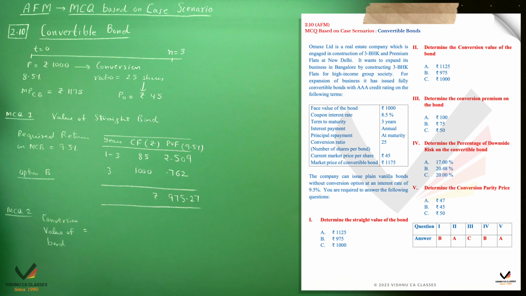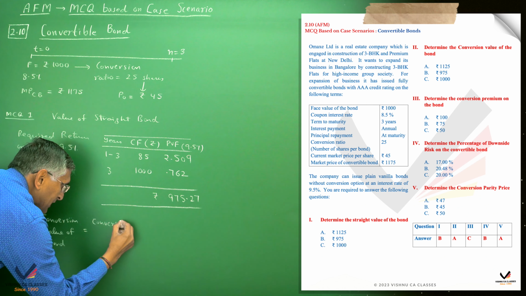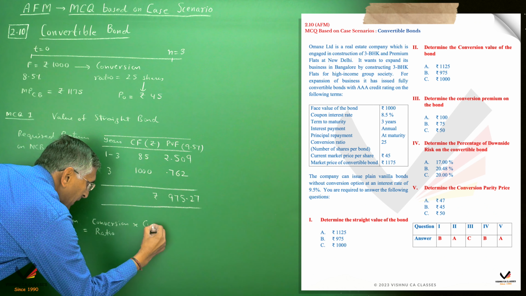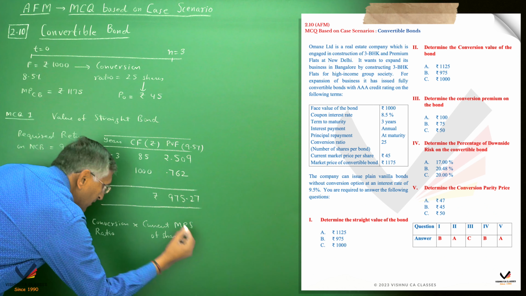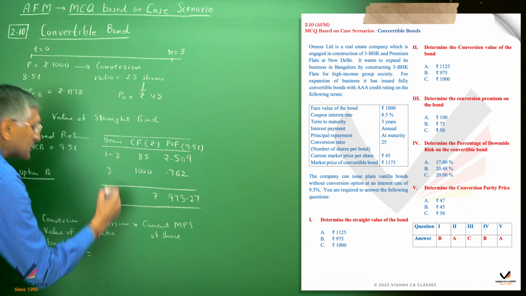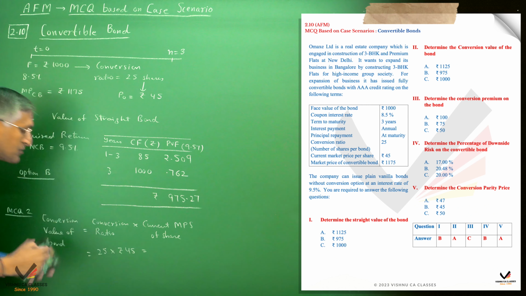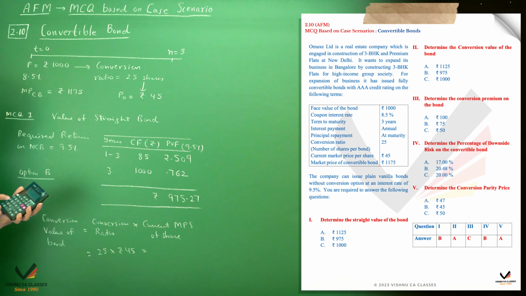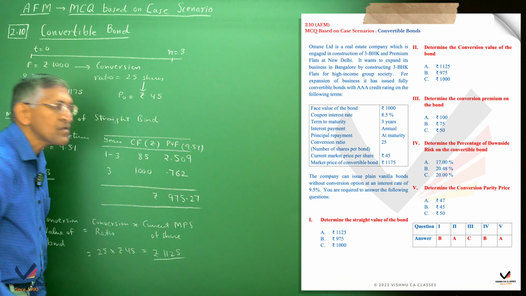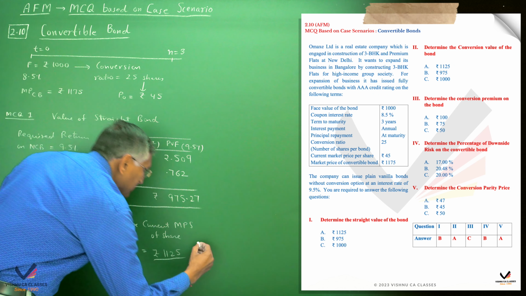So in that case we will see how many shares we will receive, which is called conversion ratio. तो मीन्स आपको देखना है कितने शेयर्स आपको मिल रहे हैं on conversion of bond और उसको multiply कीजिए current market price of share, this is called conversion value of bond. So conversion ratio is given 25 shares आपको मिलेंगे और price दिया है share का ₹45. So conversion value of bond is 25 times 45. So this is ₹1125. Then you can see which option is correct. So option A is correct. So answer is option A.